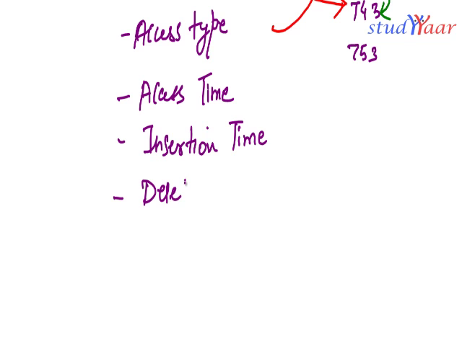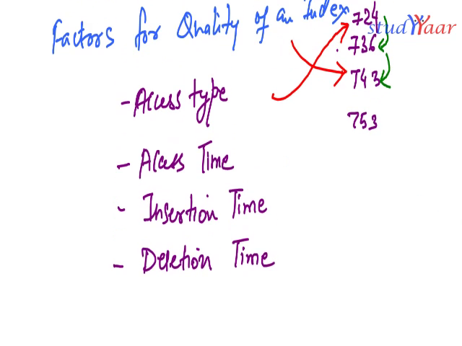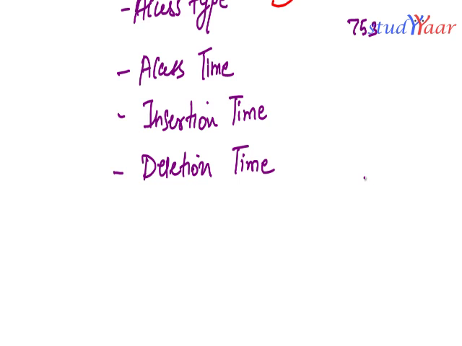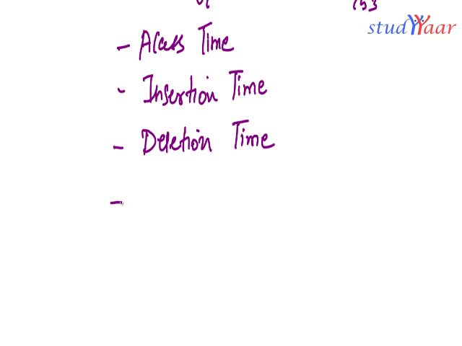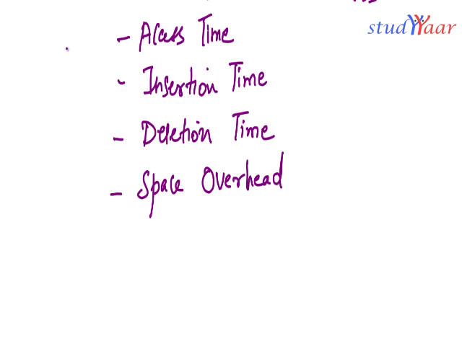Similarly, we would have a deletion time. Whenever I delete a record from my file, I would have to delete the corresponding entry from the index as well. So the time incurred in this process is deletion time. The next is space overhead. How much space does the index itself take in the memory? That is about space overhead.